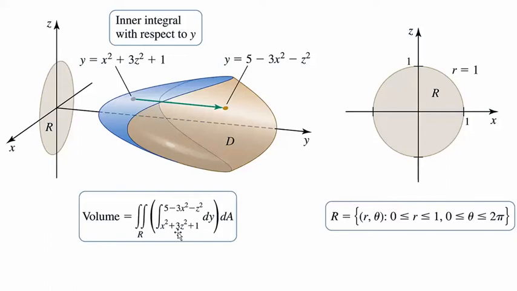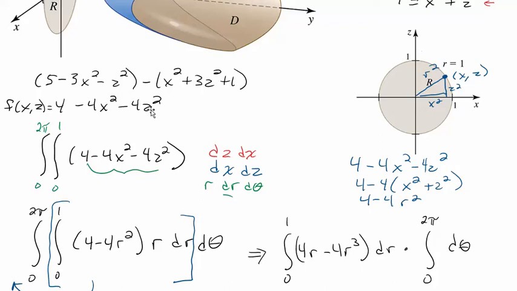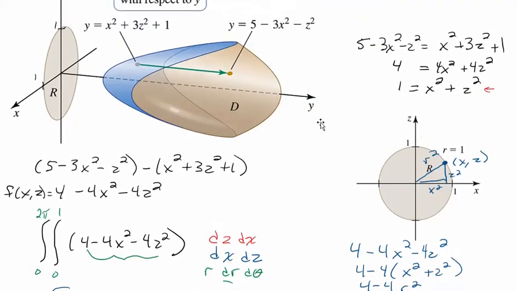And so this inner integral here is basically finding what this length is, like integrating with respect to y, and the y value ranges from the y value on the blue surface to the y value on the tan surface. If you do this inner integral, you're just going to get 4 minus 4x squared minus 4z squared. So for me, it's just easier to do this minus this, okay? And not do a triple integral.